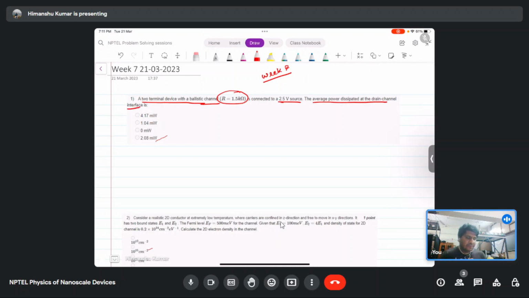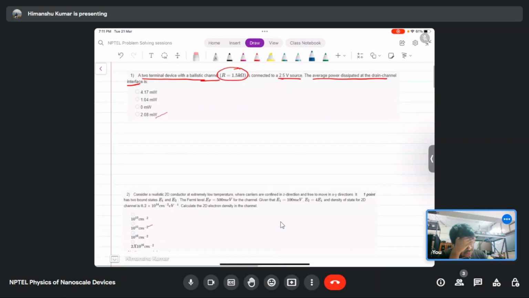Okay. So as sir has discussed in the class, suppose you have this source, channel and drain, then there will be a Fermi level corresponding to the source region and the Fermi level in the drain region.